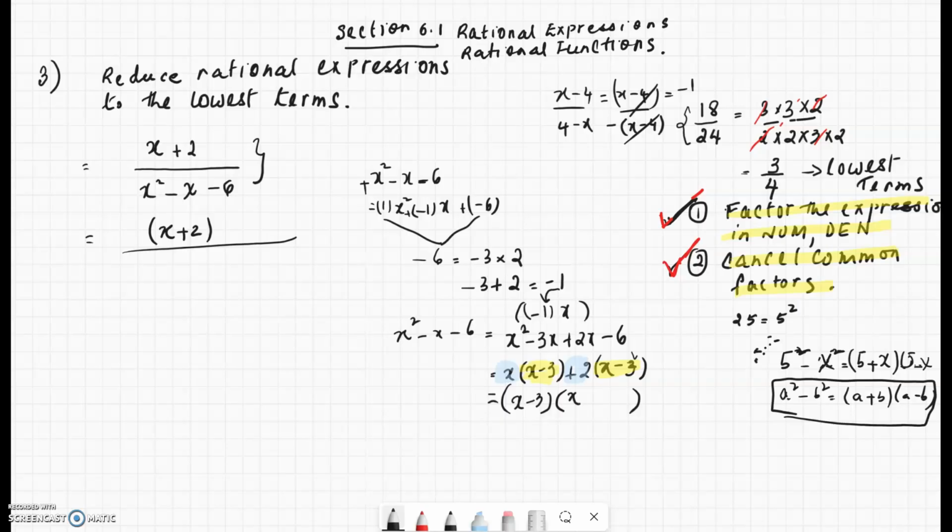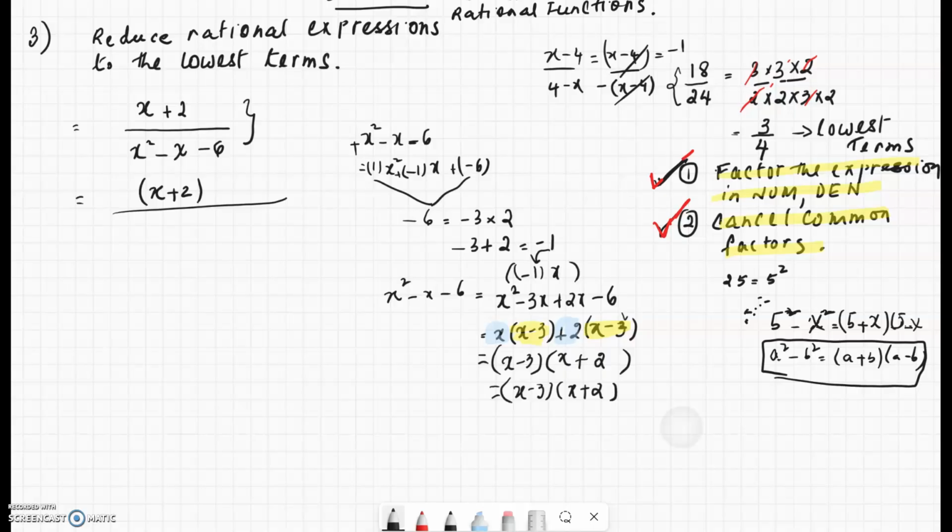When you factor the x minus 3 out, you're left with an x, plus factor the x minus 3 out and you're left with a plus 2. So this is x minus 3 times x plus 2. So let's write that down. X squared minus x minus 6 is x minus 3 times x plus 2.